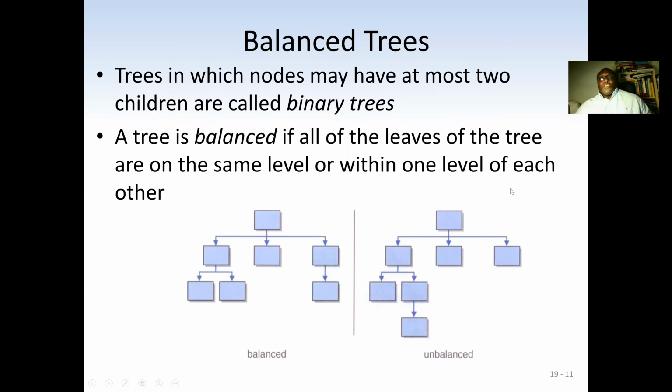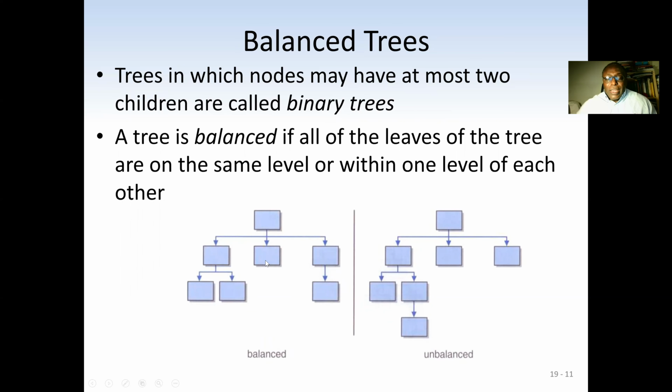So what is a balanced tree? A balanced tree is a tree in which the leaves are in the same level, or one above. So we can see that this first tree on the left is a balanced tree. Why? The leaves are on the same level and only one above.